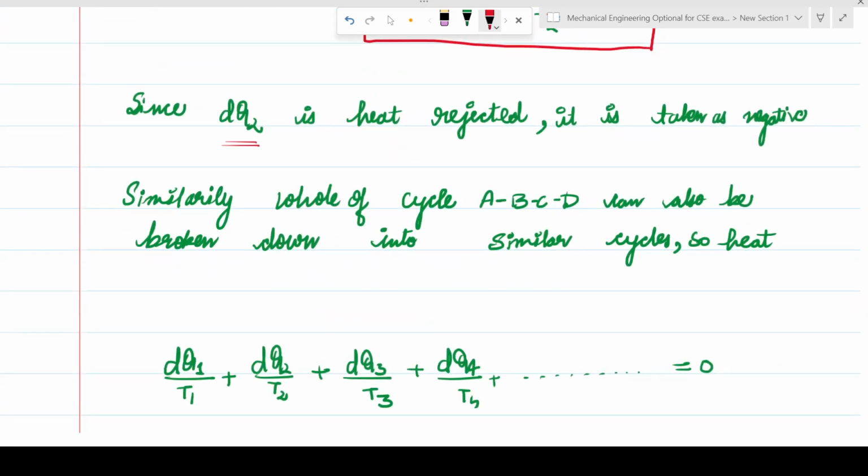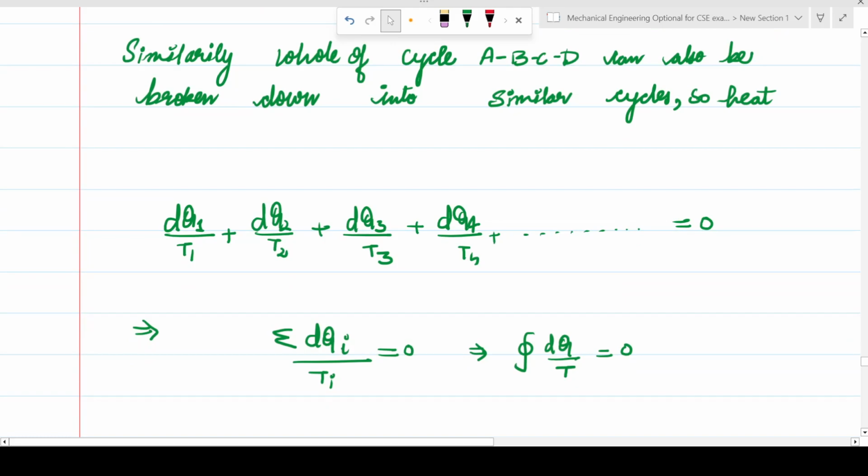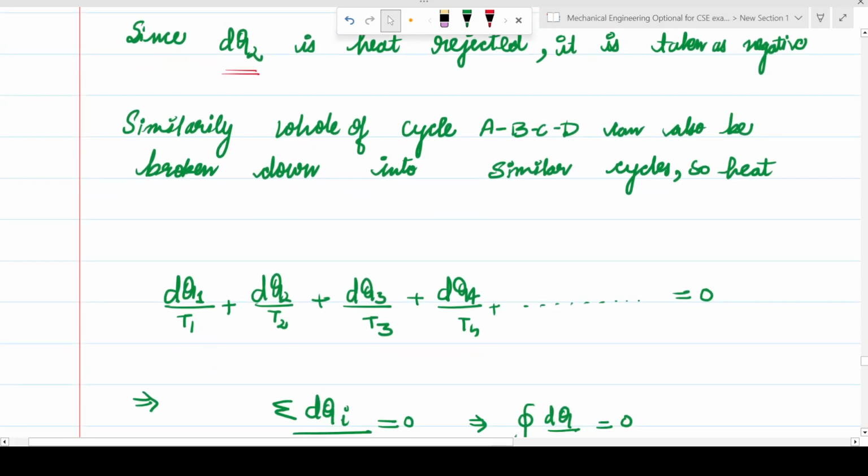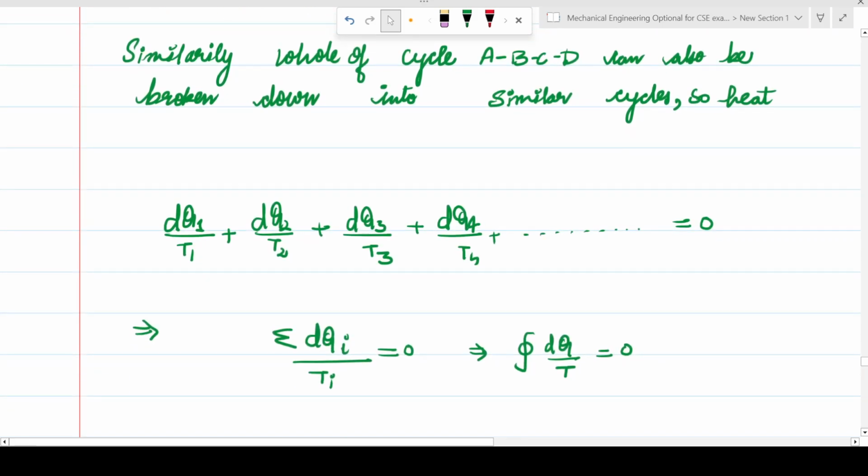Hence, if we further divide this ABCD cycle into multiple small cycles, we can get this expression for many cycles. So assuming we divide this cycle into many different cycles, we get dQ1 by T1 plus dQ2 by T2 and so on up to infinity is equal to 0.